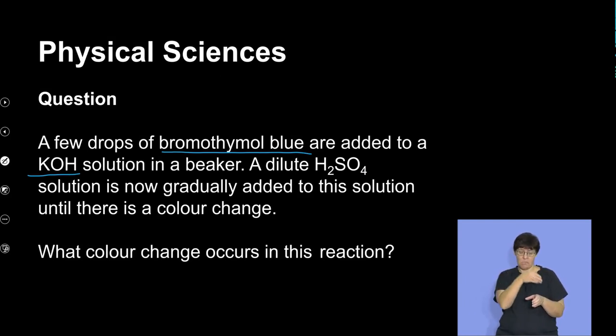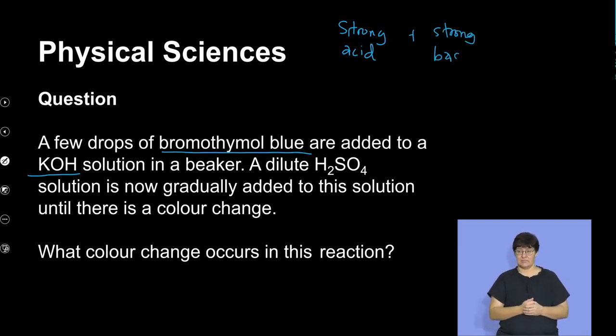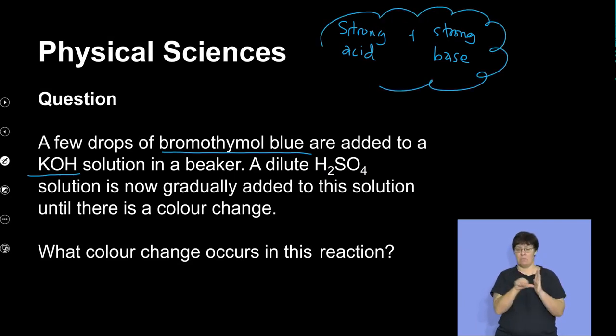Because this is a strong acid plus strong base type of acid-base reaction, and this is what is important in us coming up with a suitable choice of the indicator for this reaction. So in the presence of a strong base, bromothymol blue will be blue in color, okay? So the initial color is blue.